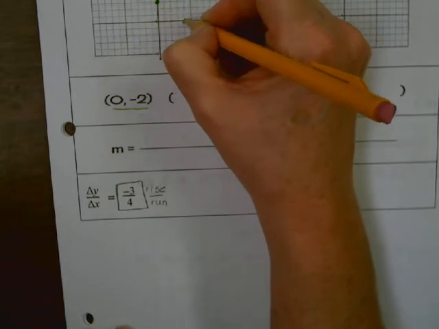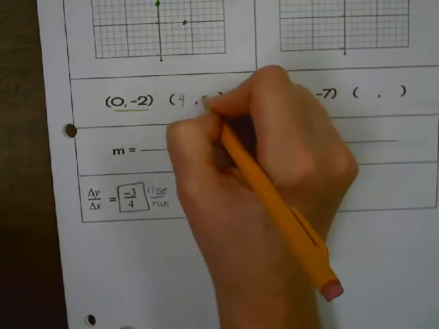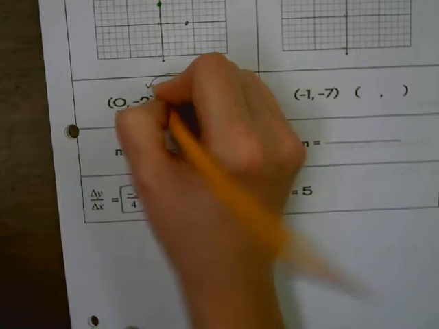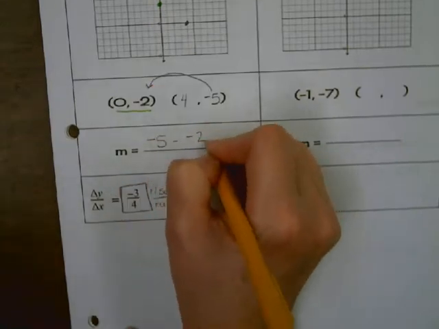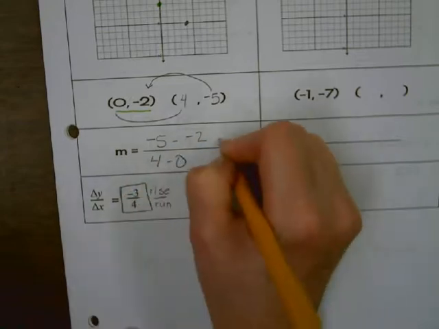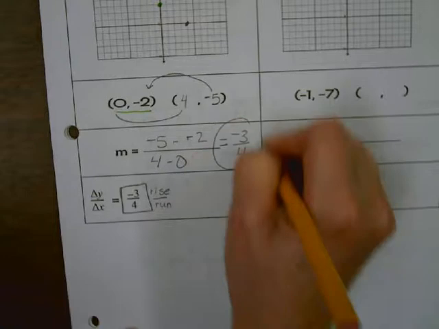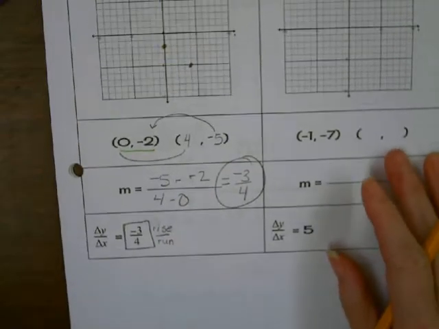I get a new point. I get 4, negative 5. Let's double check. Negative 5 minus negative 2, 4 minus 0, negative 3 over 4. That was kind of fun. I like those. Let's try one more of those.